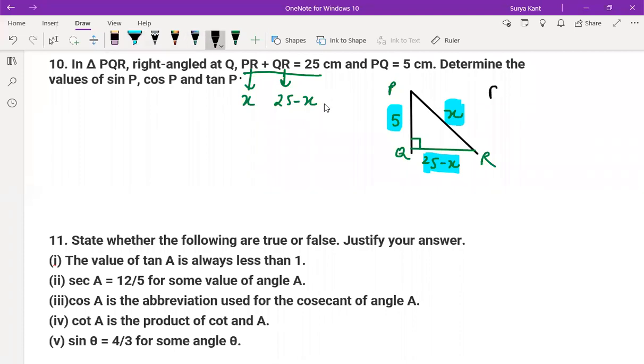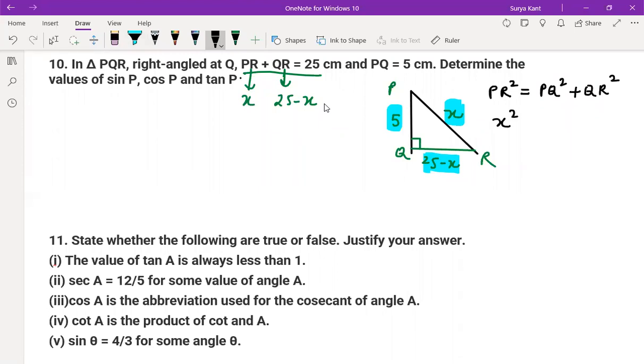So we can write here PR square is equal to PQ square plus QR square. Simply put the values here.